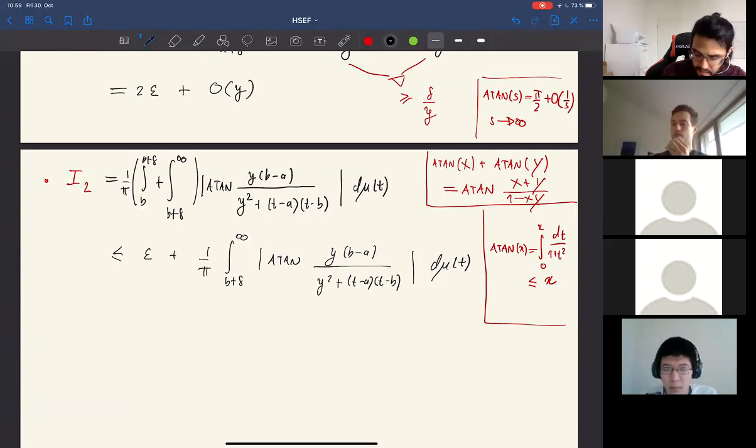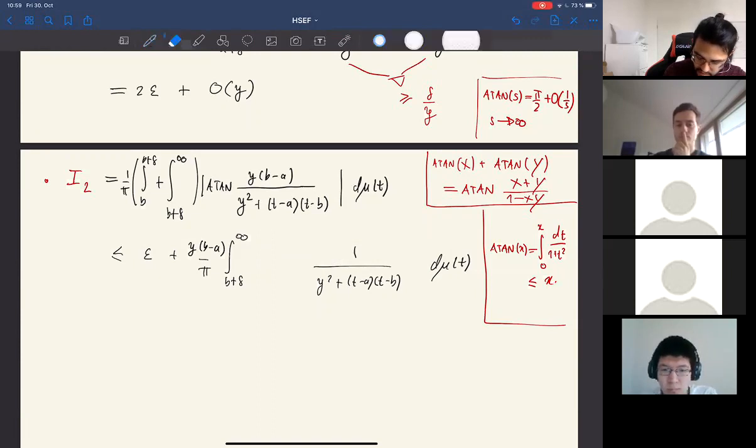But then you have this bound. If I just apply this bound here, you can just replace this by this. Great. So now this y I can put outside, b minus a, and then I can just remove this y here now. It's an upper bound, great.